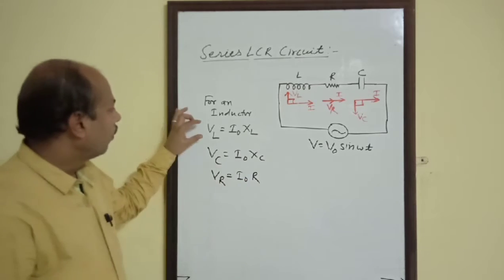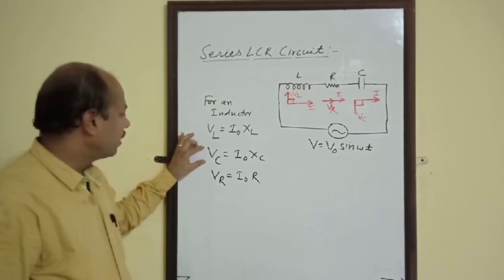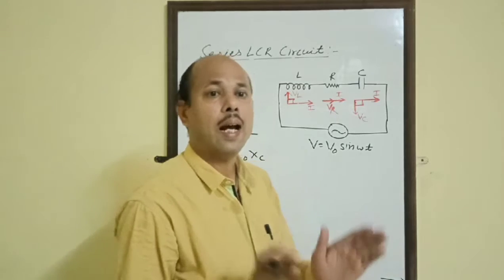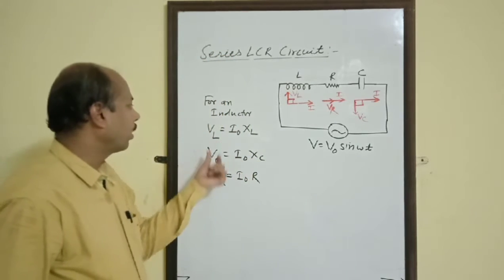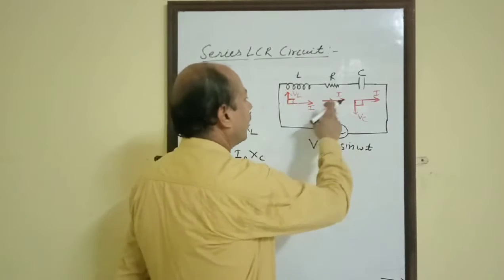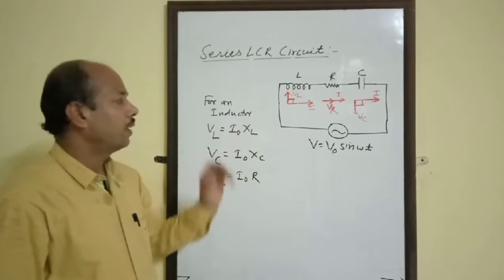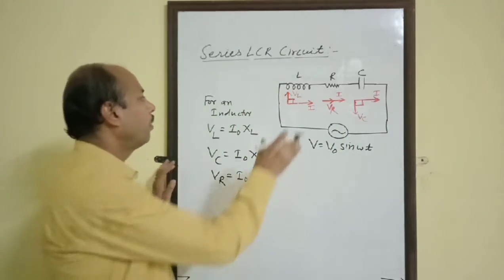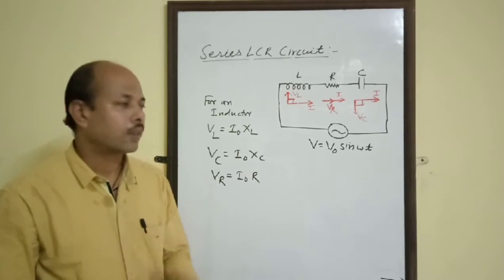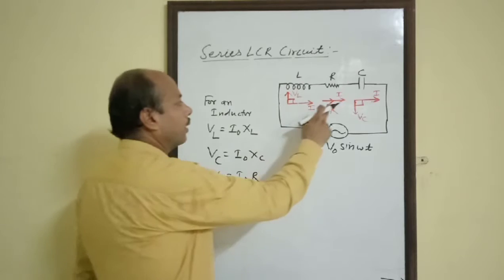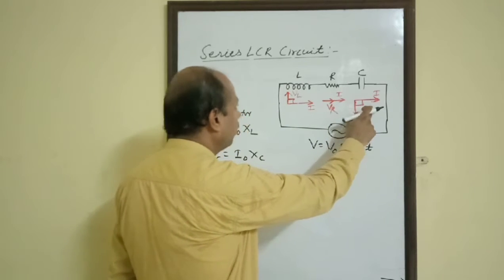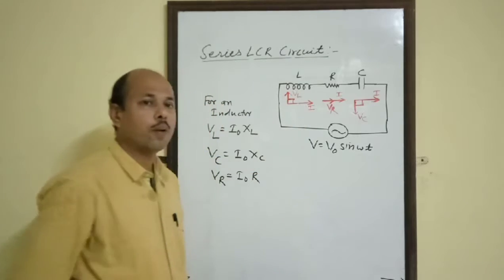These are the values of VL, VC and VR, but we cannot directly add them because they are phasors and they have different directions. Therefore, we will make a combined phasor diagram for series LCR circuit, keeping in view that here phi is 0, here phi is pi by 2, and here again phi is pi by 2.